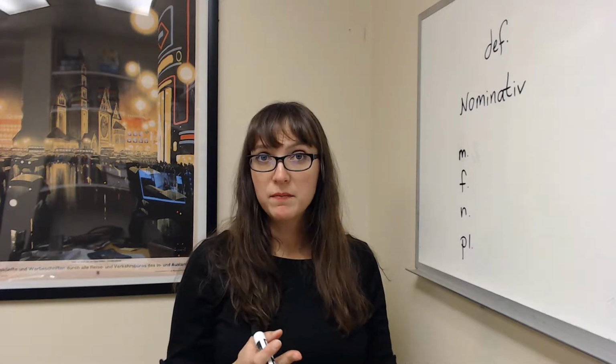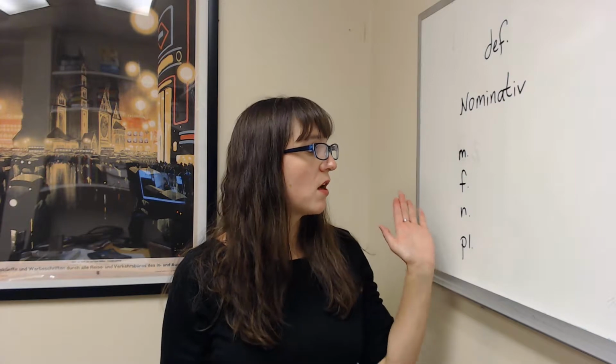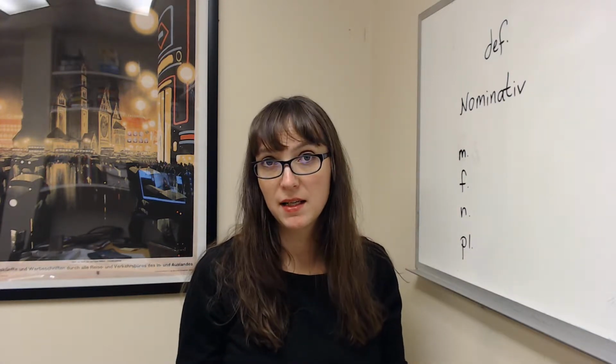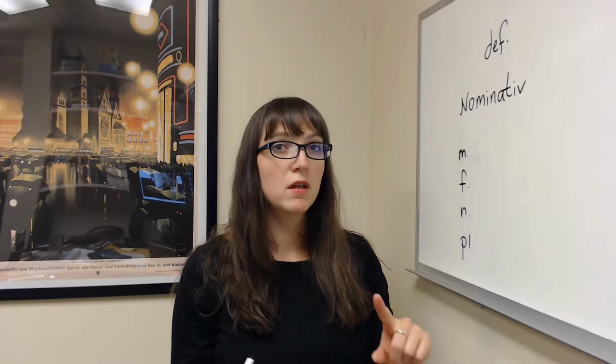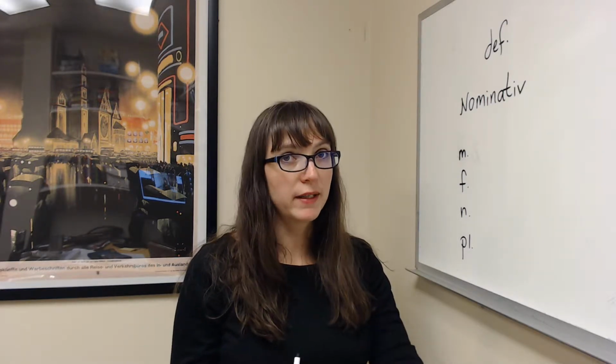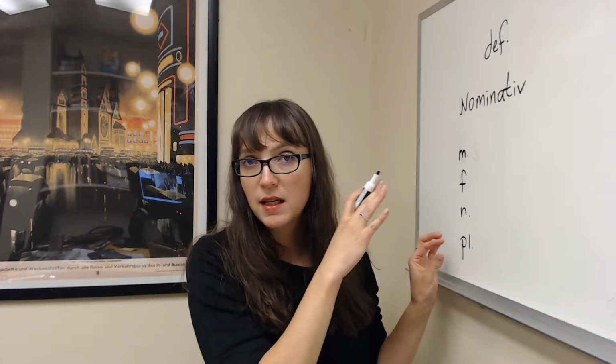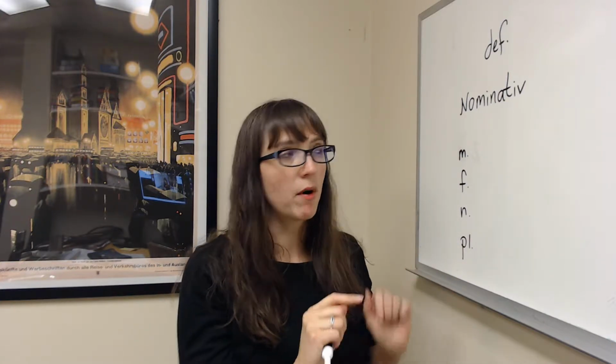They mean the, and German, as you know, has different forms of them, depending on whether you have a masculine noun, a feminine noun, a neuter noun, or a plural noun. Now, all the plurals, no matter what gender the word is in singular, the plurals all have the same form.